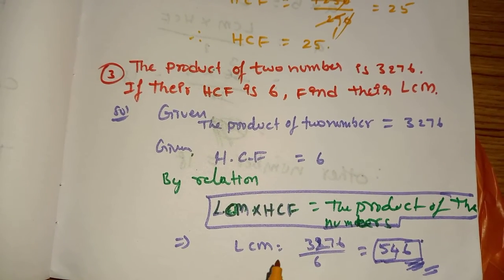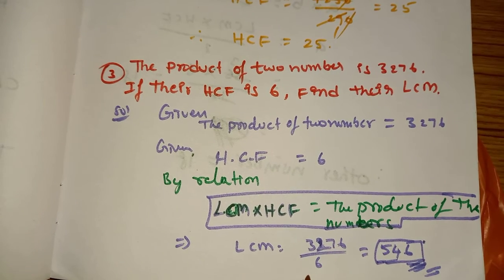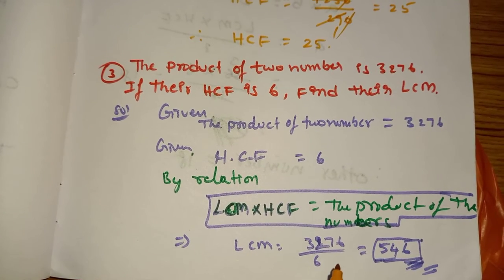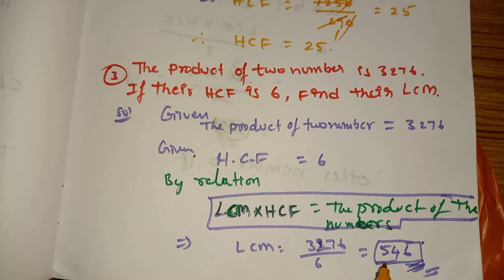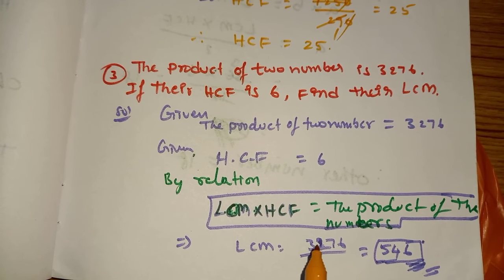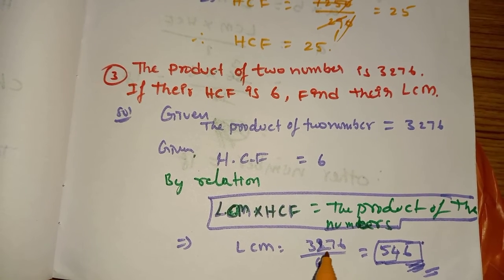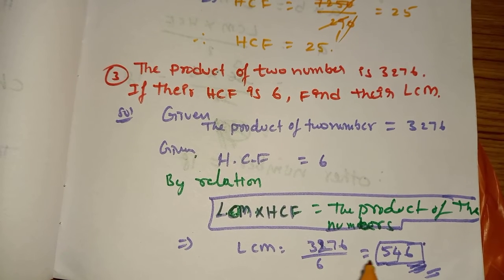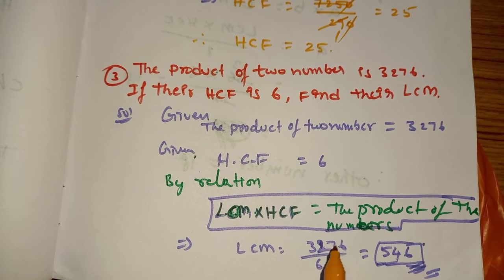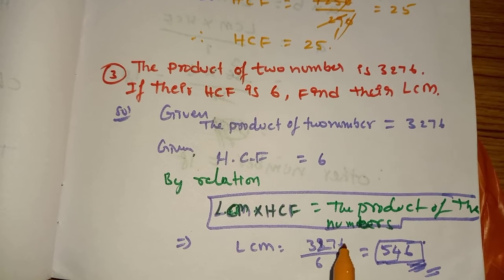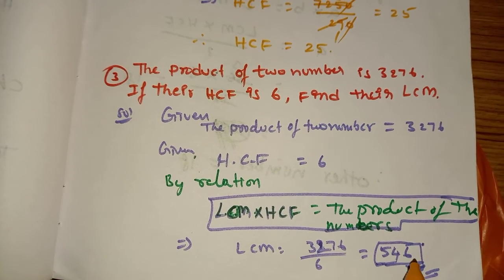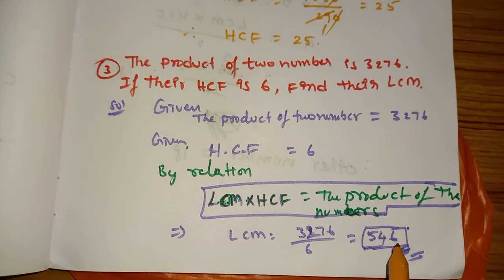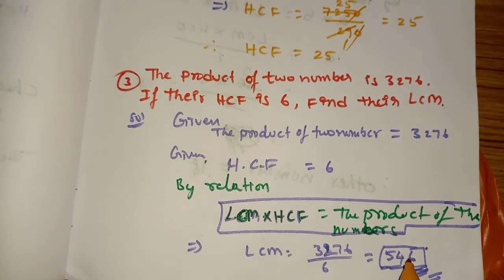Now LCM is equal to the product of the numbers, 3276, by 6, that is the HCF. 6 fives are 30, and here the remainder is 2 and 27 is the number. Next, 6 fours are 24, and the remainder is 3, and the total is 36.